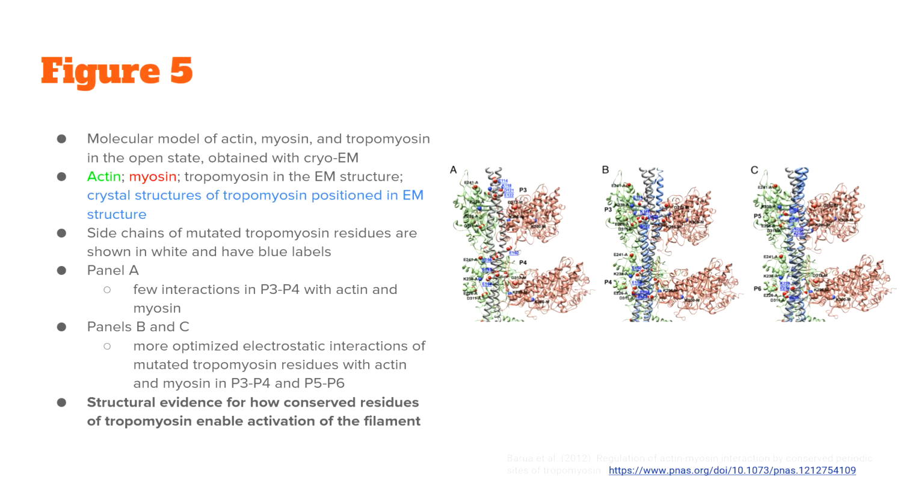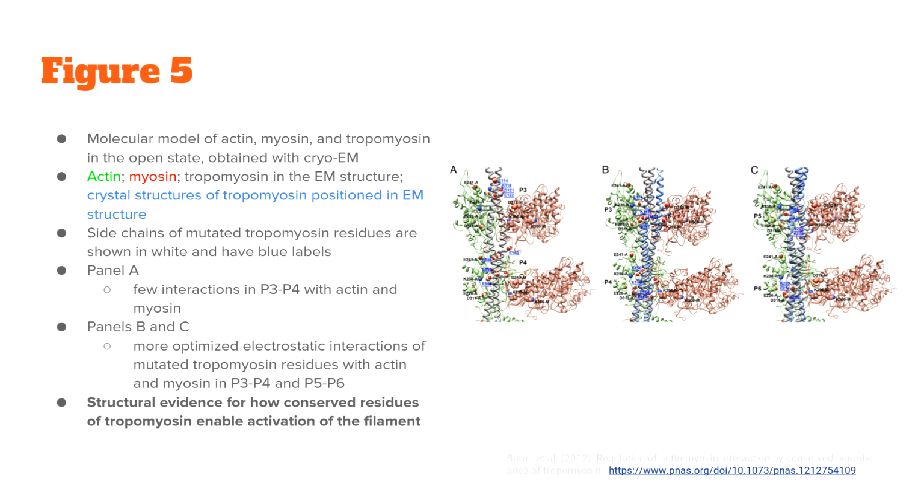Figure 5 is a molecular model of actin, myosin, and tropomyosin in the open state. They use cryo-EM to obtain these structures. Actin is shown in green, myosin is in red. Tropomyosin in the EM structure is shown in gray, and the crystal structures of tropomyosin positioned in the EM structure are shown in blue. The side chains of the mutated tropomyosin residues are shown in white, and they have blue labels.